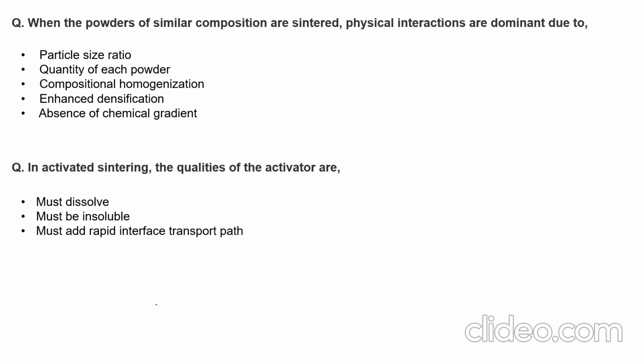Then we say when powders of similar composition are sintered, physical interactions are dominant. When you're talking about similar composition, that means we have a single phase. When you have two phases and one is melting, it will act as a liquid phase, so then you can say it is liquid phase sintering.